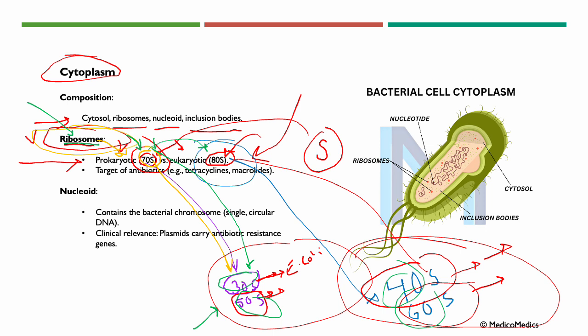Well, listen, the difference in ribosome size between prokaryotes and eukaryotes is medically significant because antibiotics have evolved to target bacterial 70S ribosomes without affecting the larger 80S ribosomes in human cells.